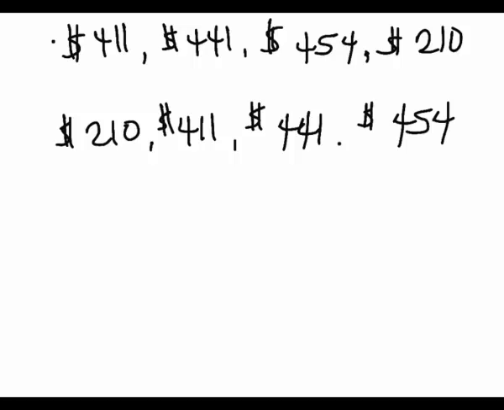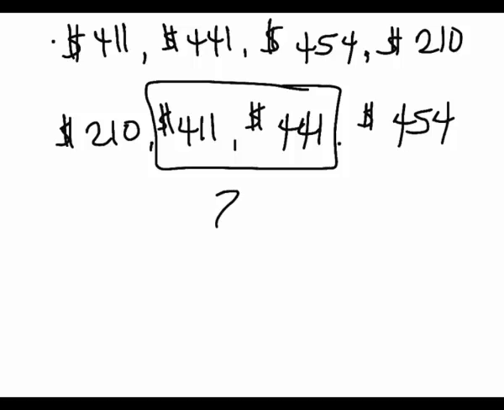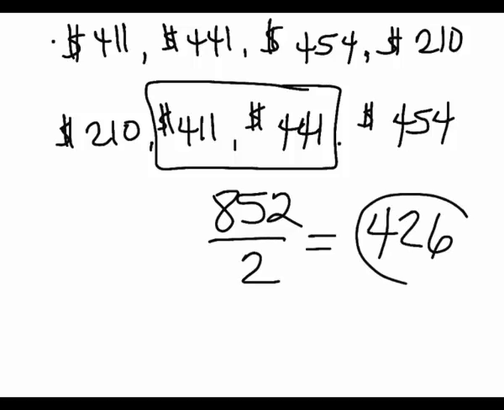Then, since this is an even amount, I'm going to take the 2 numbers in the middle, add them together, and then divide by 2. When I add these together, I get 852. Divide that by 2. The median is 426. That is the median for this set of data.